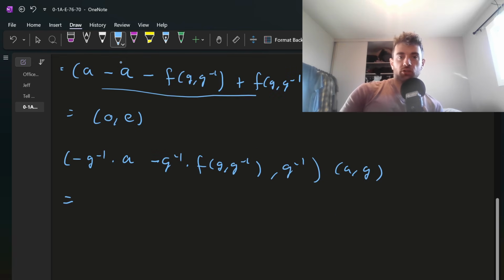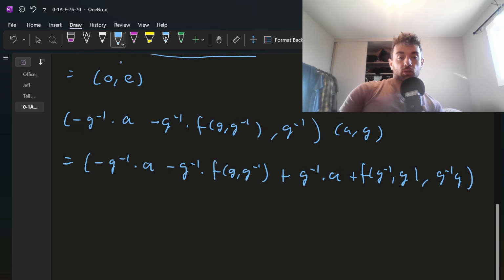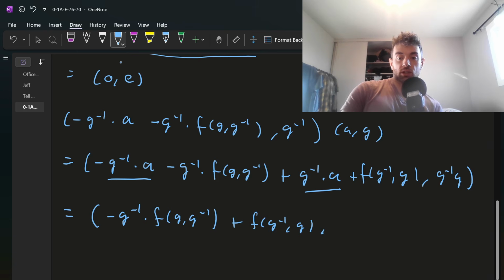So multiplying things on the other side, we have minus G inverse acting on A minus G inverse acting on F G inverse plus, so now we need G inverse to be acting on A, and then we need to add F G inverse G, and then in the second component it'll be G inverse G. And so we find, well, this term will cancel out with this term, but we find now one of the restrictions that we're going to need to impose on this function, F G inverse G E, right?